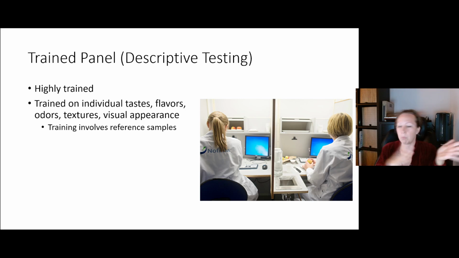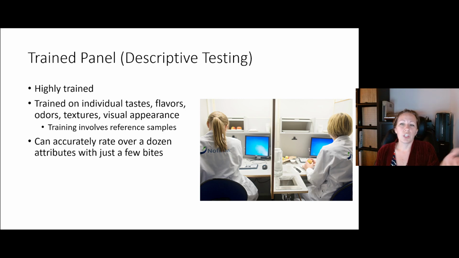Okay, and we'll learn more about that when I go through that part of the lecture next week. But my key point here is that lots of reference samples, so they can be basically like machines and tell you this is the level of every flavor that they can pick up.